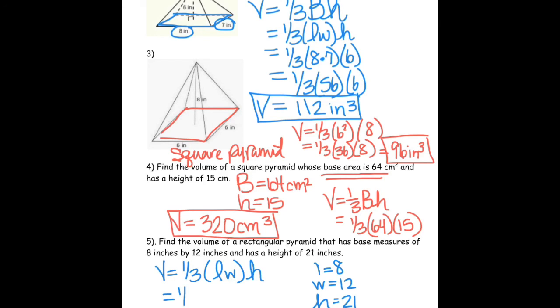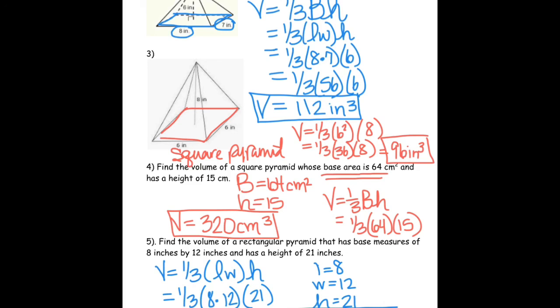So the volume, 1/3 times 8 times 12 times 21. 8 times 12 is 96. 1/3 of 96 is 32, times 21. So the volume equals 672 inches cubed.